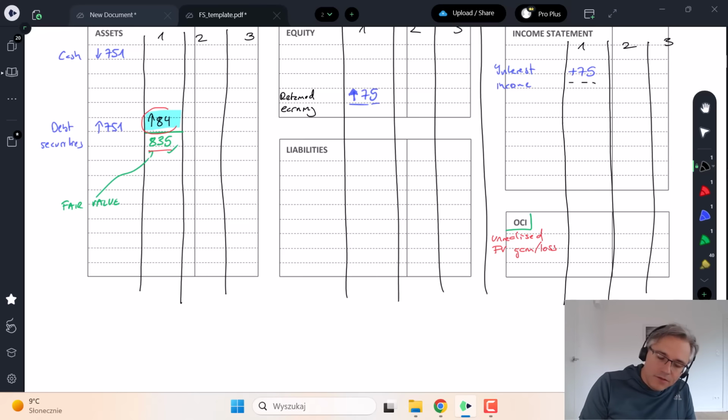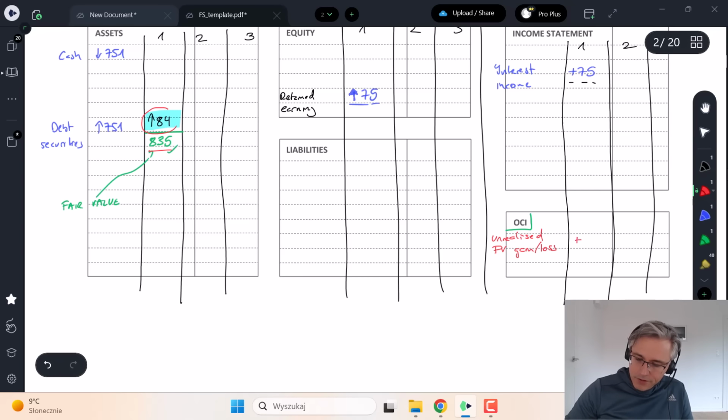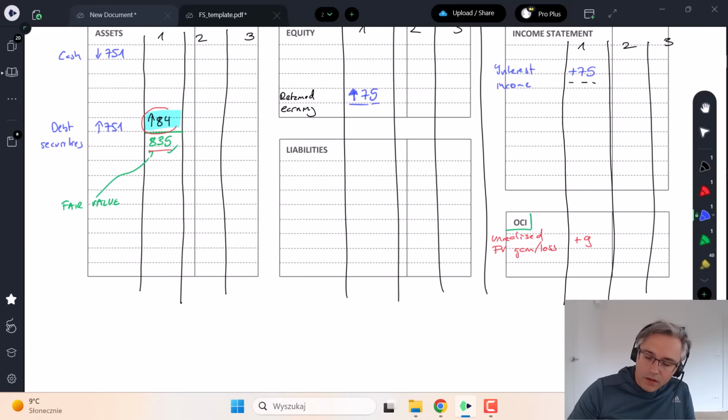Any difference that you need to get yourself up to 84, which in this case would be a positive 9, would go to OCI. And now the total of what goes to P&L and OCI, so total comprehensive income, is indeed 84.